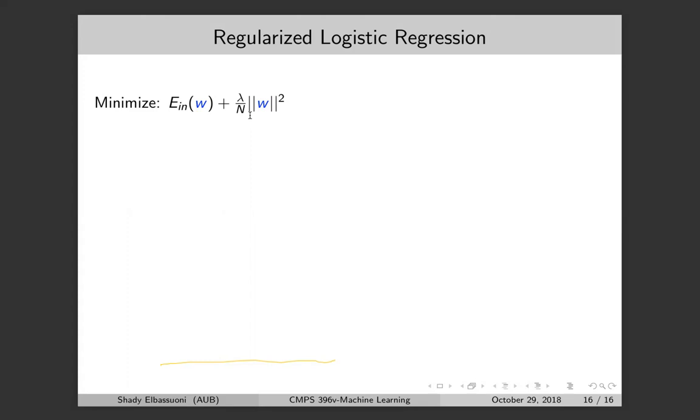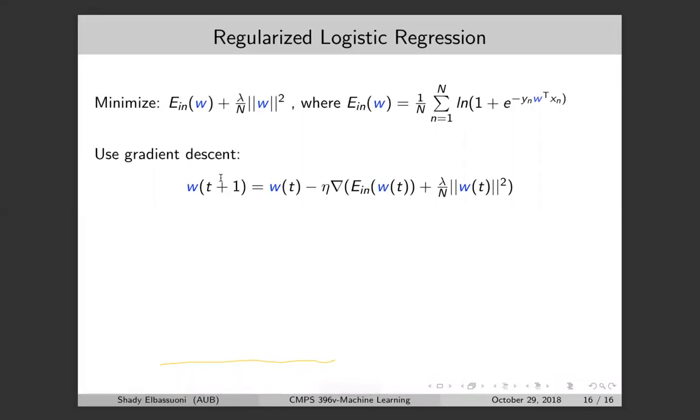So let's see, what is the error here? It's the cross entropy error for logistic regression. Let's see how this happens. We use gradient descent as before, the same algorithm. I update the weights: the new weights equal the old weights minus eta times the derivative of the thing I want to minimize, now the regularized cross entropy error. Before it was just minus eta times the gradient of E_n of W(t).